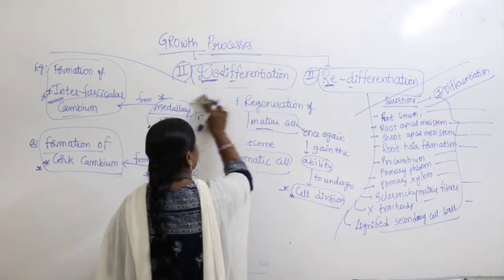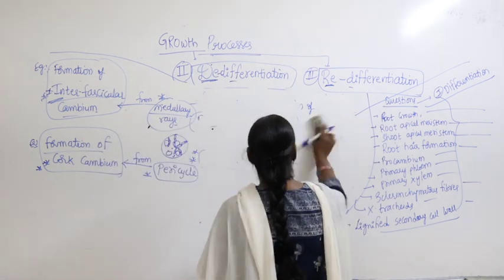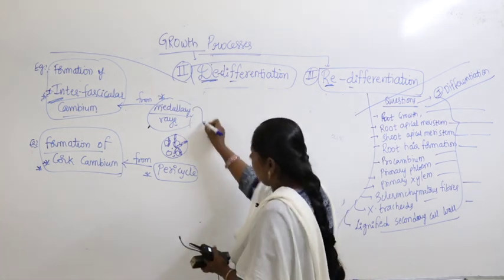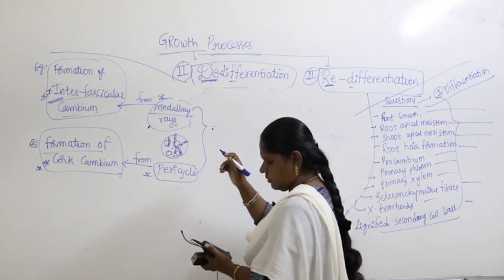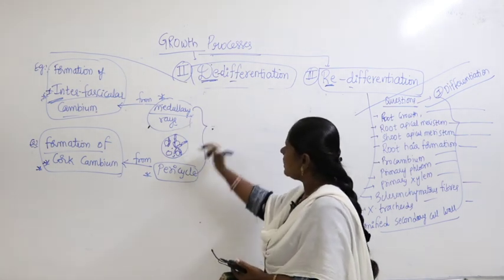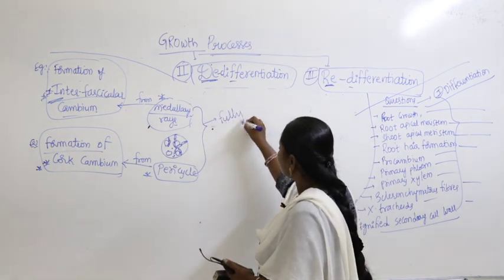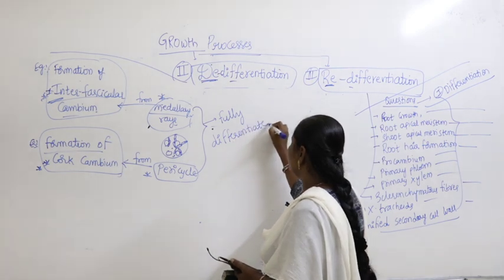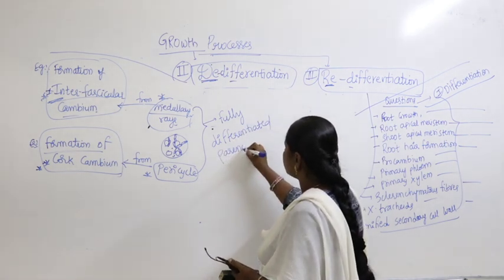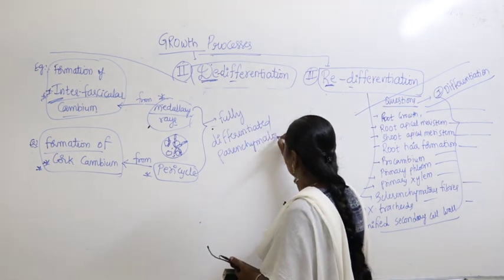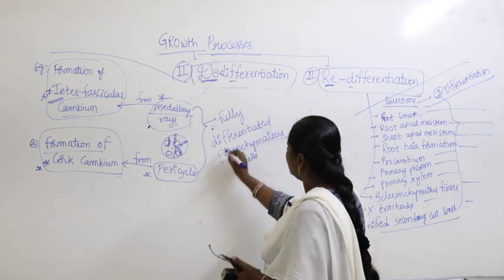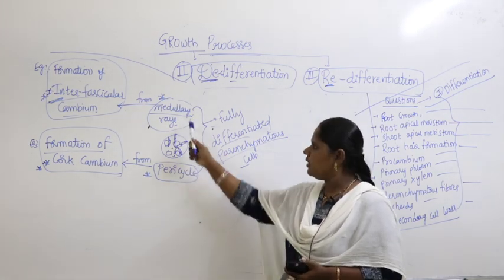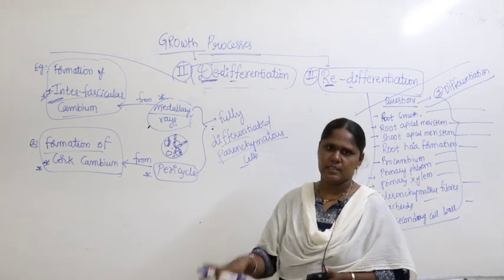Medullary rays and pericycle are already fully differentiated parenchymatous cells, produced as a result of differentiation.